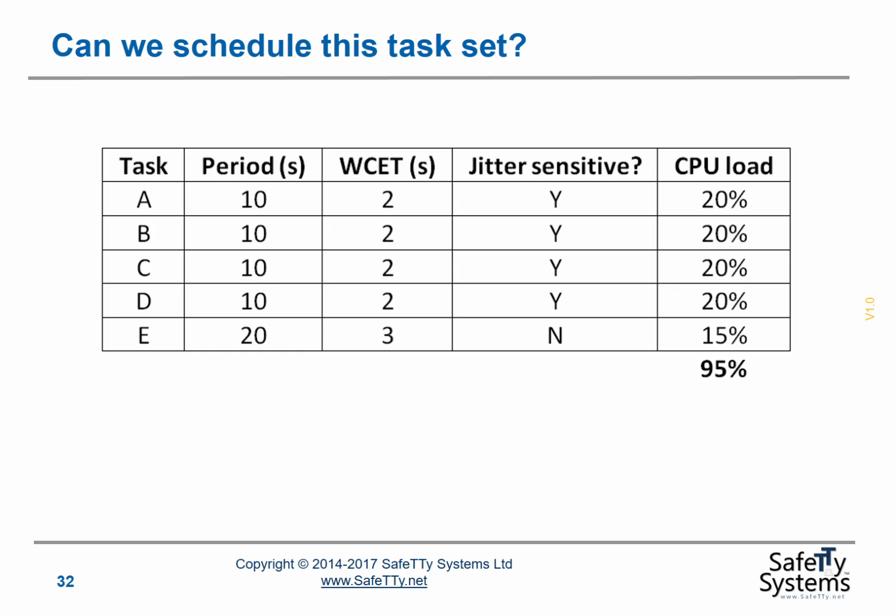We have to do that because if we don't, the execution time of task E, which is 3 seconds, will cause significant levels of jitter in the timing for task A, B, C, and D.